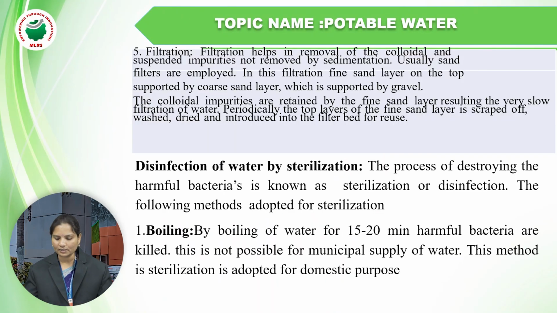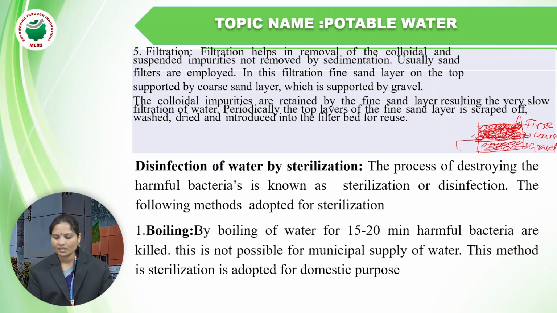In the fine sand layer, all the fine particles will be present, and the second is the coarse sand layer. This is called the fine sand layer, and this is called the coarse sand layer, followed by the gravel sand layer.